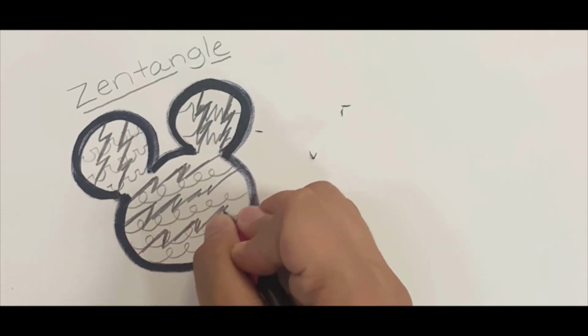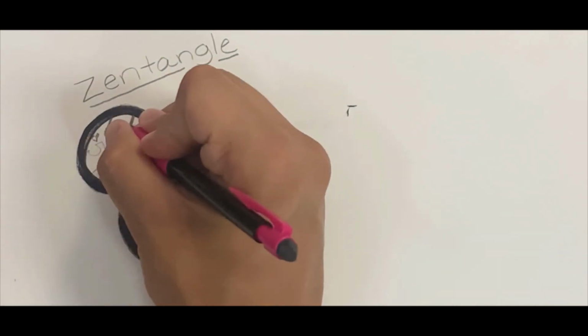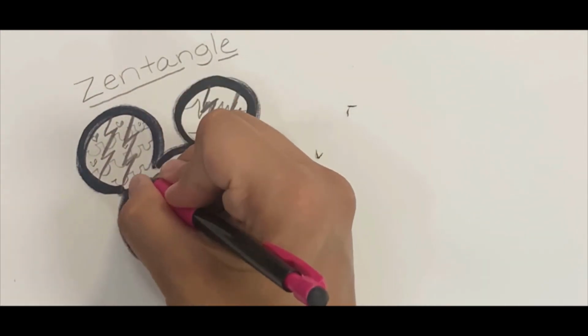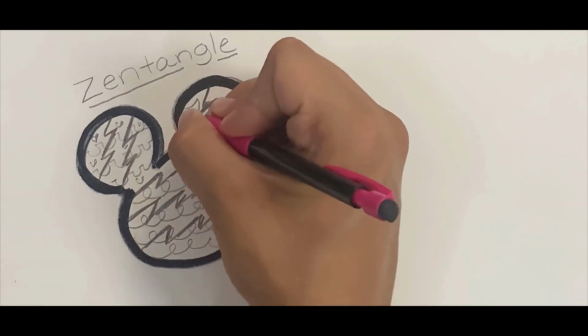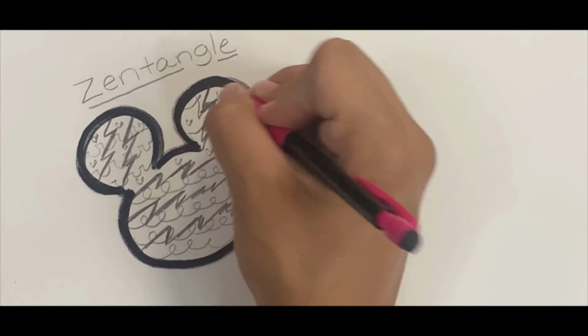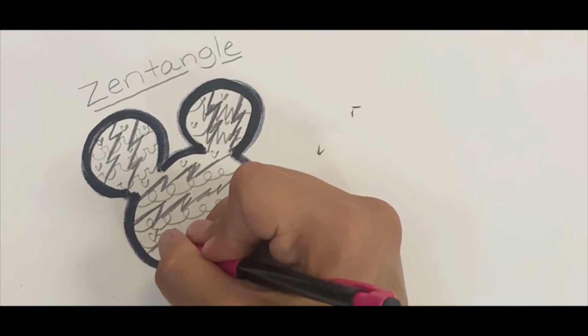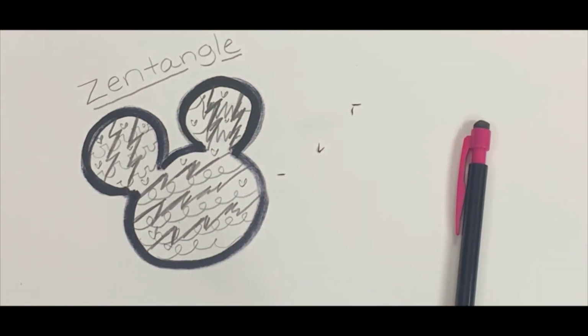And then if I really want to, I can go back in, and in between all these lines, maybe add a little heart. Again, adding different patterns. And right here, we have a pretty interesting Zentangle.